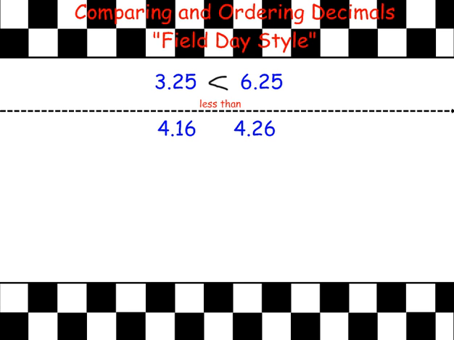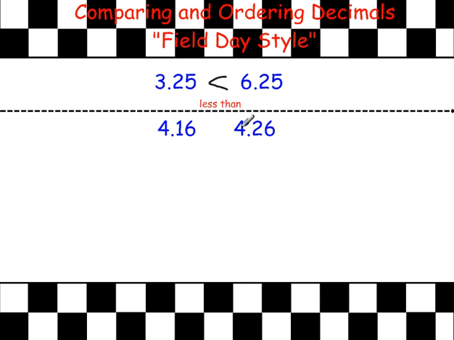Okay, now let's look at these two decimals. We have 4 and 16 hundredths and 4 and 26 hundredths. Both numbers also have a decimal, but the whole numbers are the same. This is where we start talking about, is this race fair?